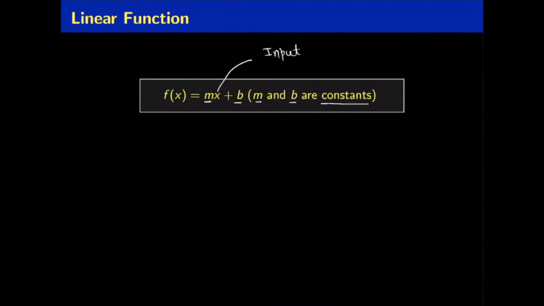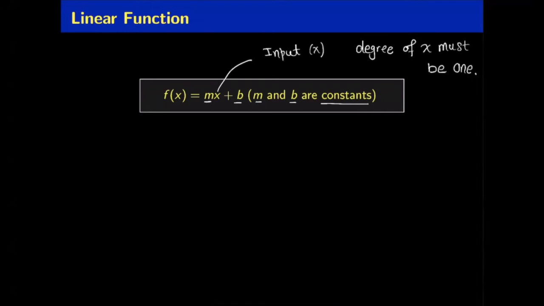The degree of the input variable x must be 1, because this is why it is linear. Also, the constants m and b are both constant.